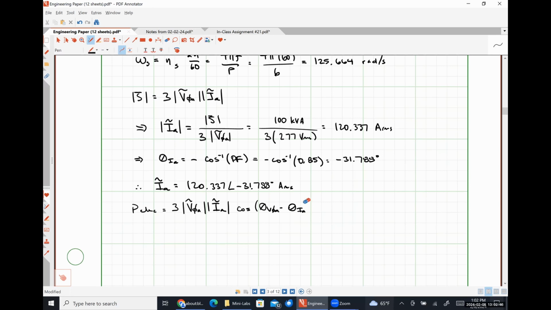But we're not actually going to use that, because 3 times V phi A times IA is just our apparent power, which is known, and that cosine of theta VA minus theta IA is just our power factor. So our electric power is 100 kVA times our power factor of 0.85, which is 85 kilowatts.